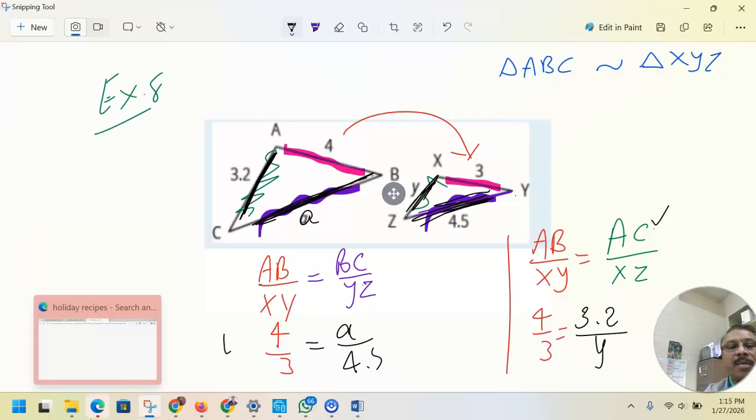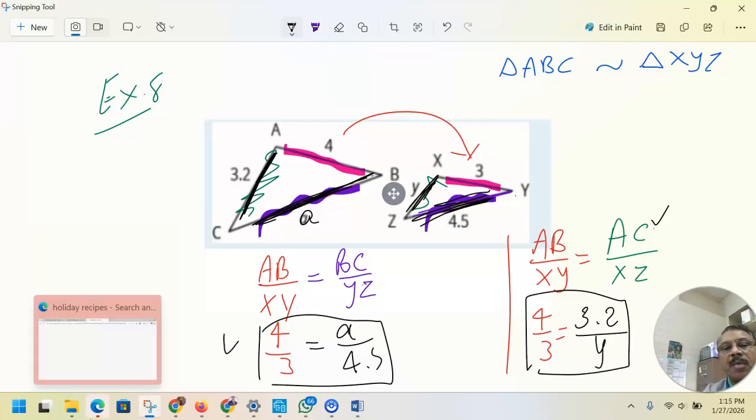So I take two ratios separately, this one and this one, and work on it. Okay, you multiply.